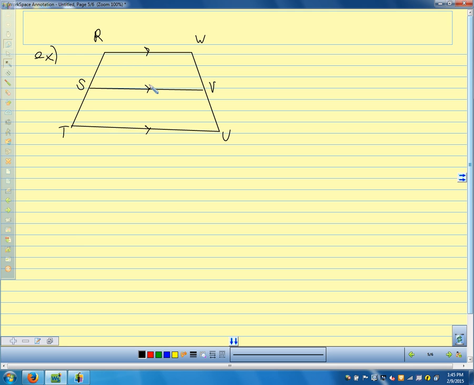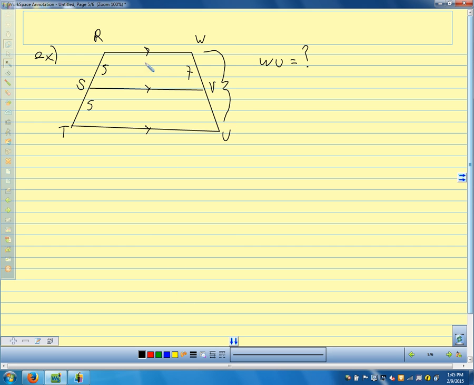We have trapezoids kind of stacked on top of each other, actually. All right, I'm going to say this is 5, this is 5, and this is 7. And we want to figure out what WU equals. So we're looking for that whole side.